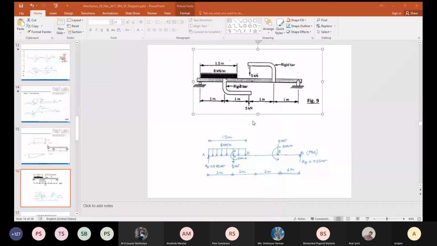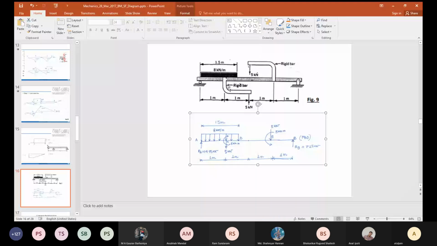Is my presentation visible? Yes, sir. What I have done is that this rigid bar has 5 kilonewton. I have erased this rigid bar. 5 kilonewton into 1, 5 kilonewton meter is applied, and this 5 kilonewton is applied at the joint. Similarly, at point E, this 5 kilonewton load is applied and a 5 kilonewton meter bending moment is applied.